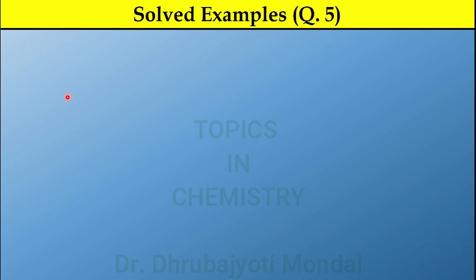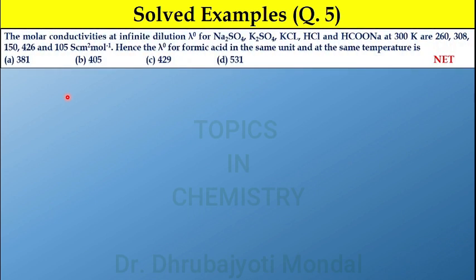Now see question number 5. The molar conductivities at infinite dilution lambda 0 for Na2SO4, K2SO4, KCl, HCl, HCOONa at 300 Kelvin are 260, 308, 150, 426, 105 S cm square mole inverse.